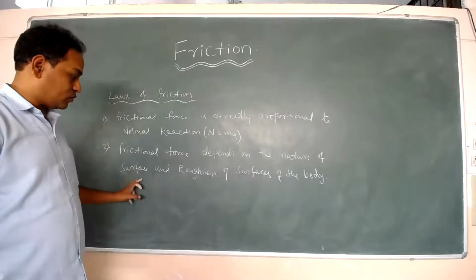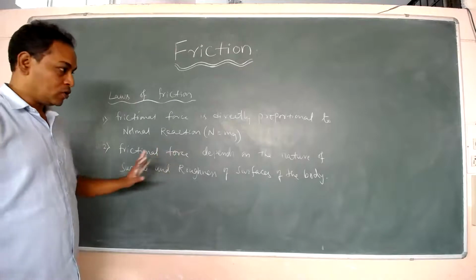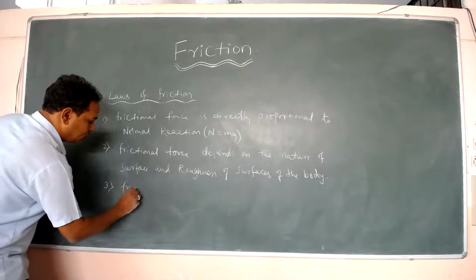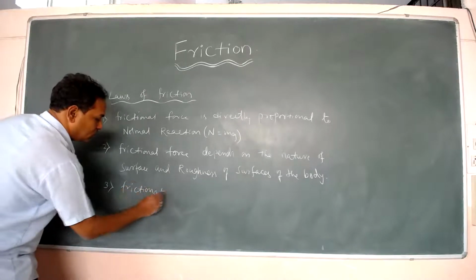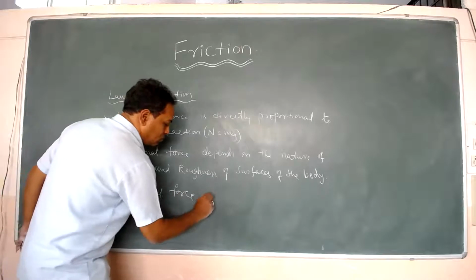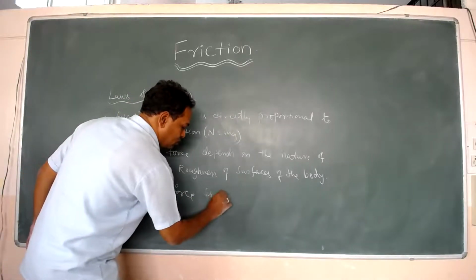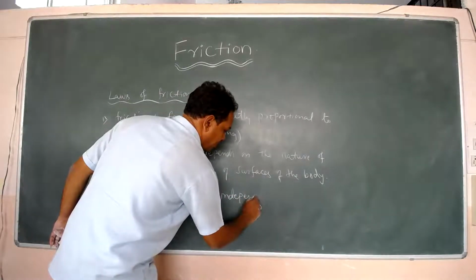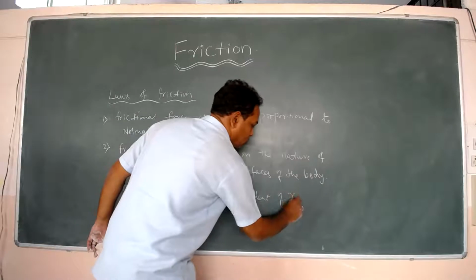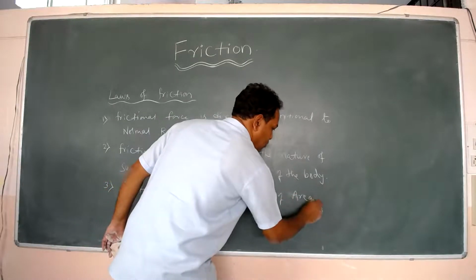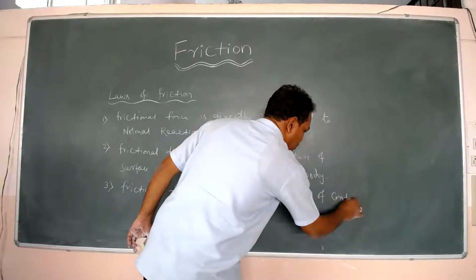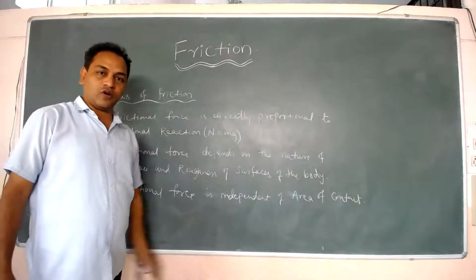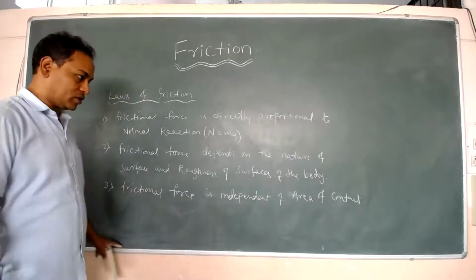So it depends upon the nature of the surface and the roughness of the surface. The third one: frictional force is independent of area of contact. It does not depend upon the area of contact.